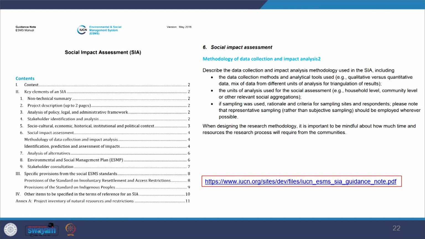The unit of analysis can also vary. Here, for example, it calls for household level, community level, and other social aggregations. It also talks about what kind of sampling you can do, so different criteria you can adopt.